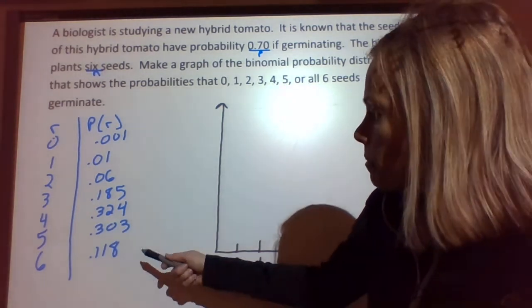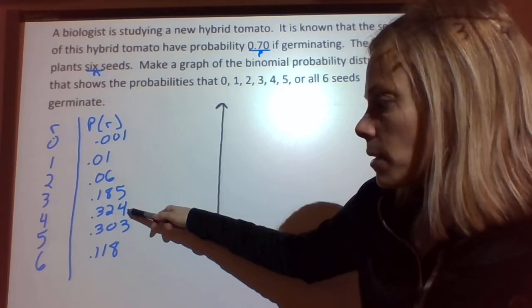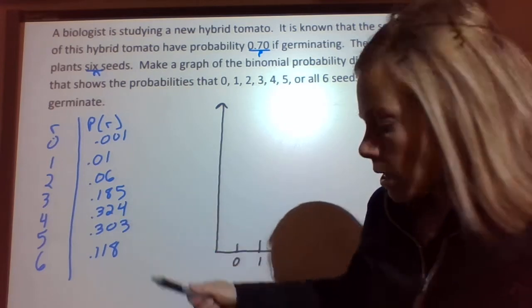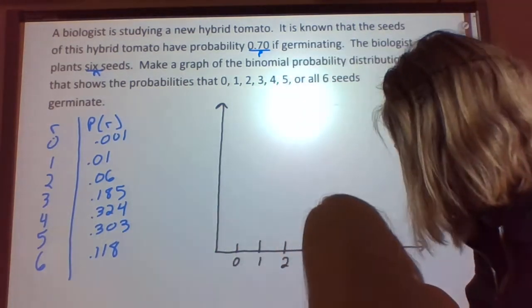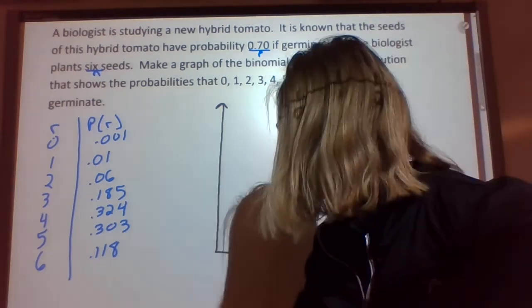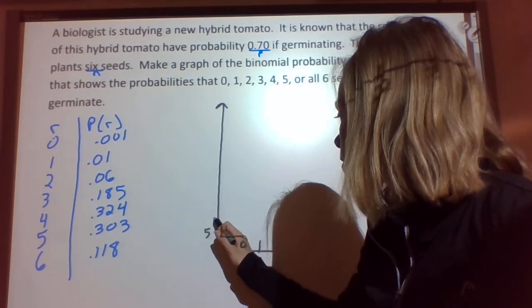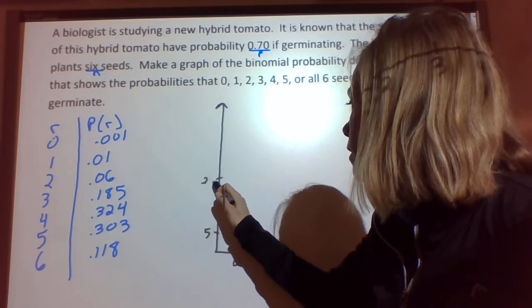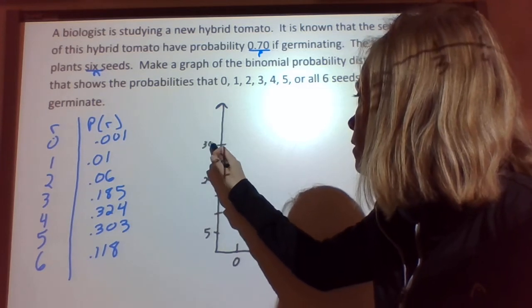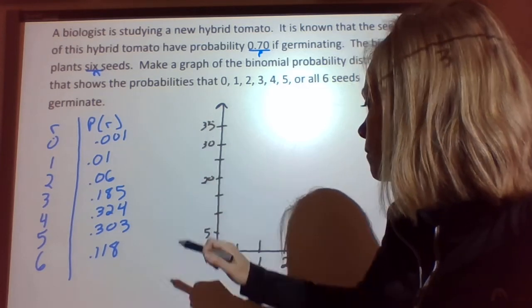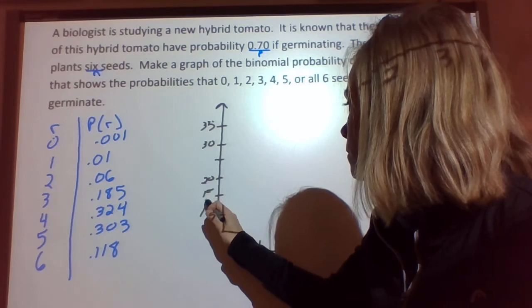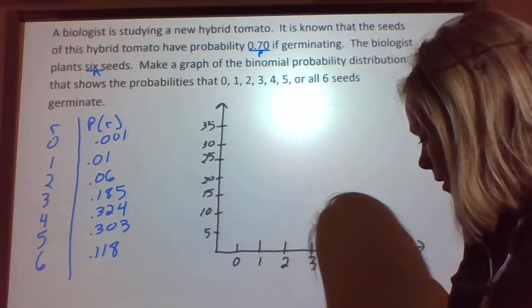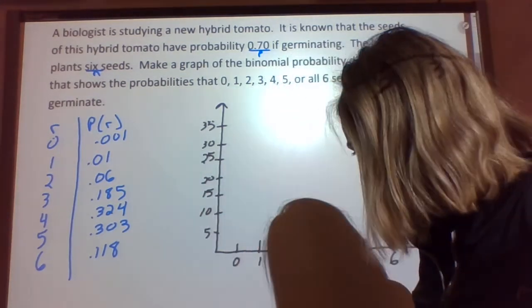And if you look at your probabilities over here, the highest probability is 32%. So let's count by maybe 5s: 5, 10, 15, 20, 25, 30, 35. And you graph it just like you did the histogram.